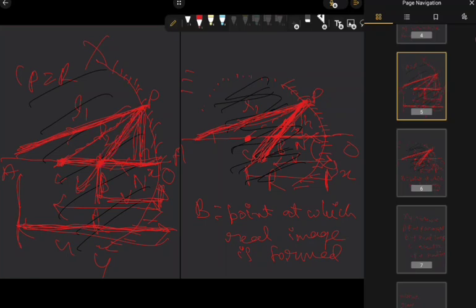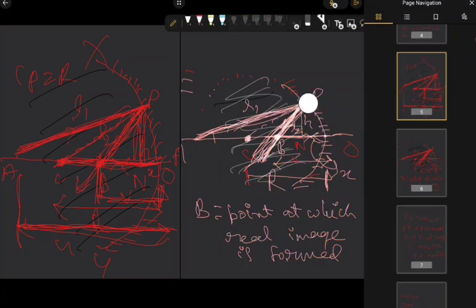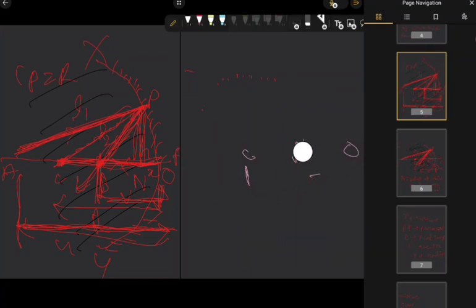Even if we try to draw the situation systematically, let's draw the systematic figure. This is your AO, and this is your paraxial ray L1, so this is your u.